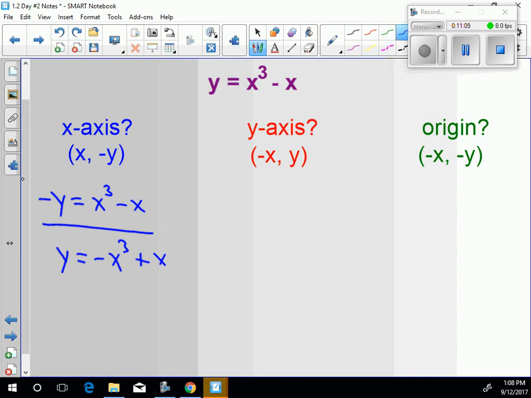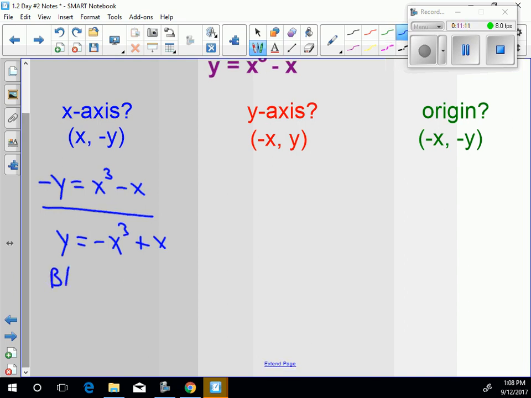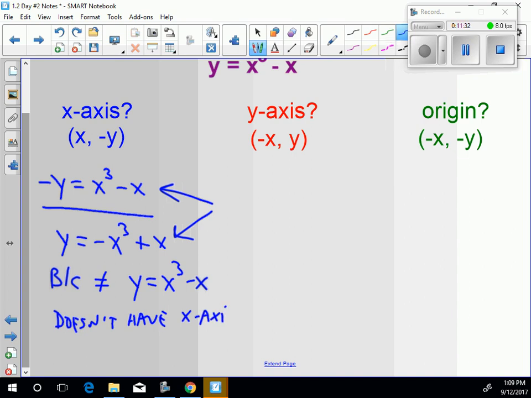Because these two, that and that, are not equal to the original, it doesn't have x-axis symmetry.